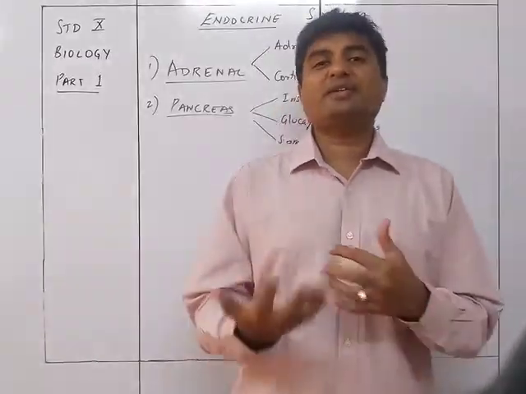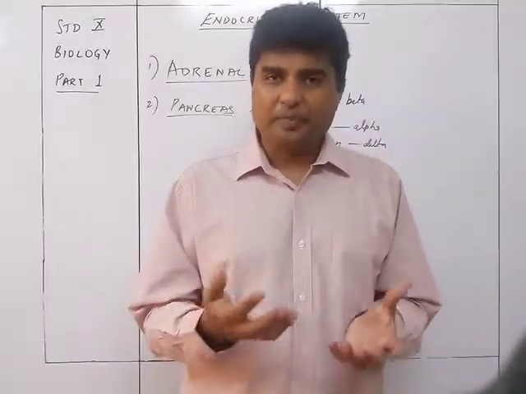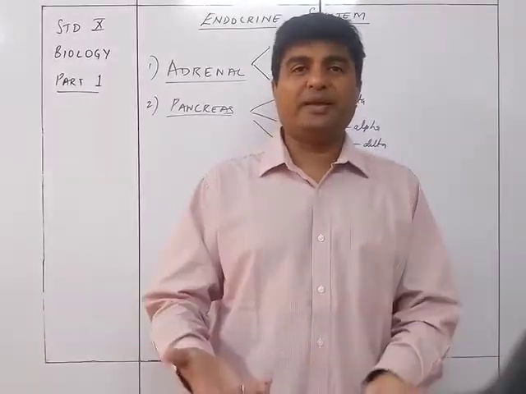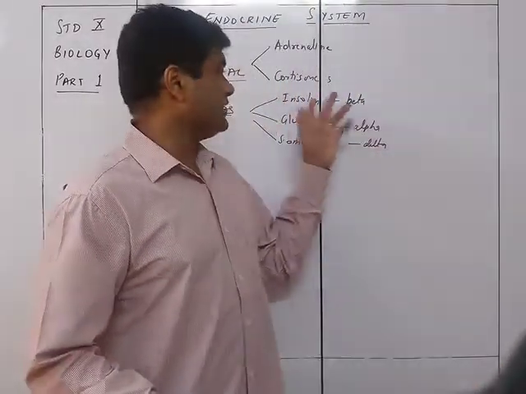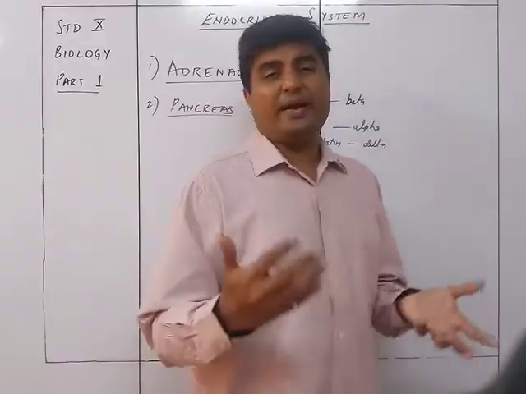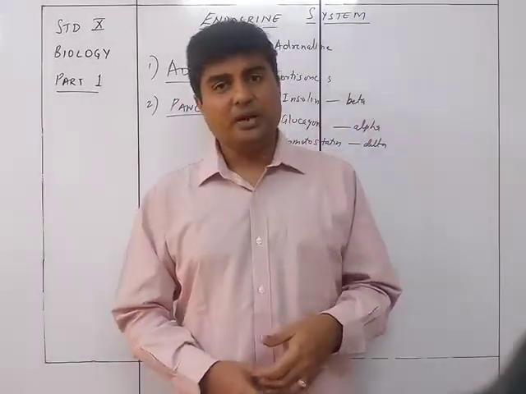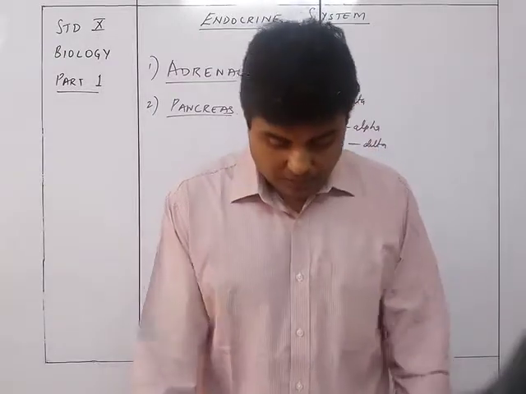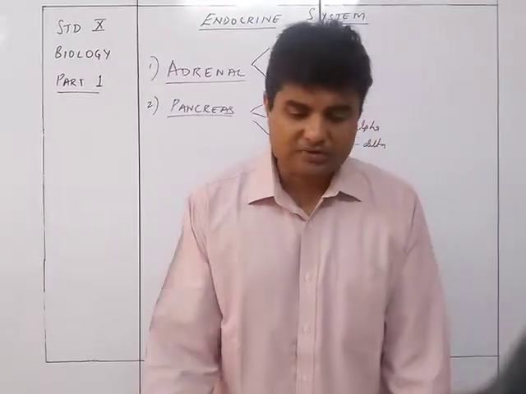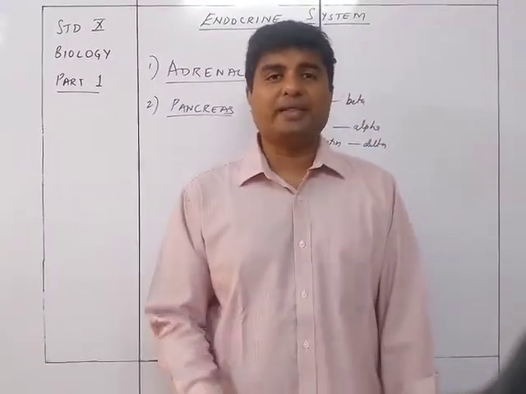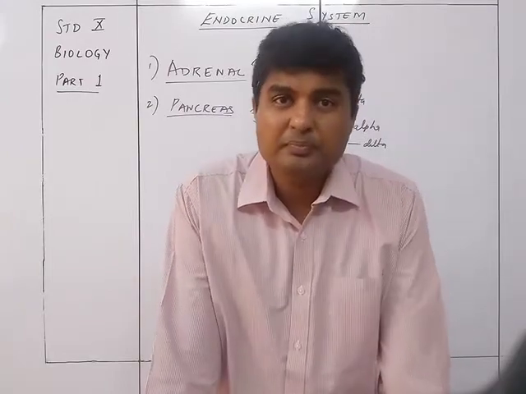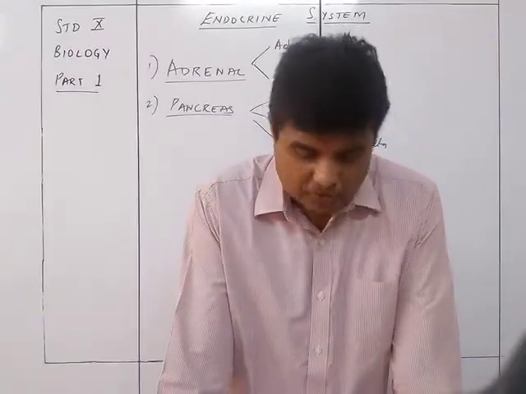Why is it given? Because the insulin secretion by the body is less. It is a hyposecretion of insulin. That is why insulin is given to the person externally. But of course, it is not a cure. You are just supplementing that particular hormone to the body from outside.